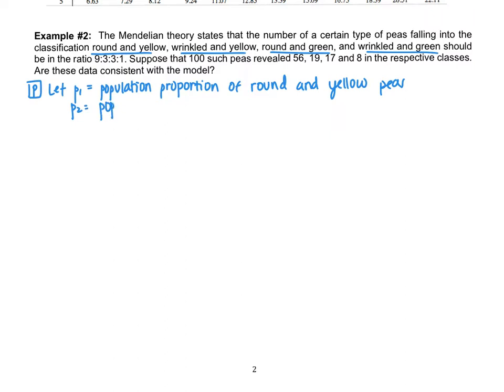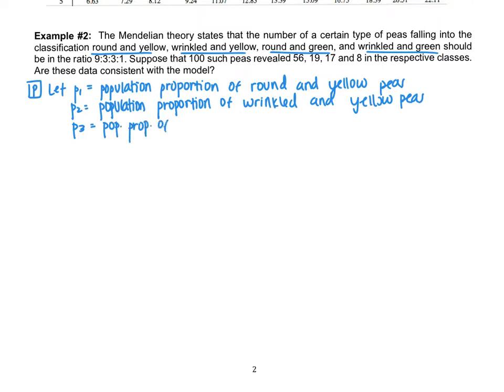P2 is going to be the population proportion of wrinkled and yellow peas. P3 is the population proportion of round and green.